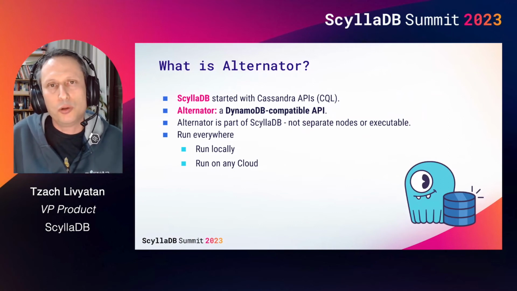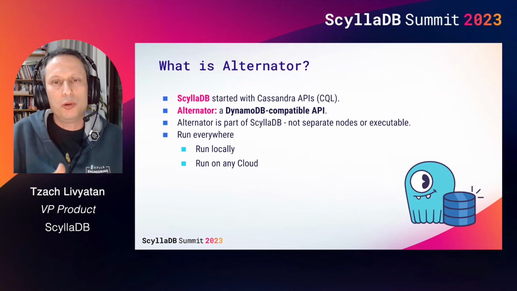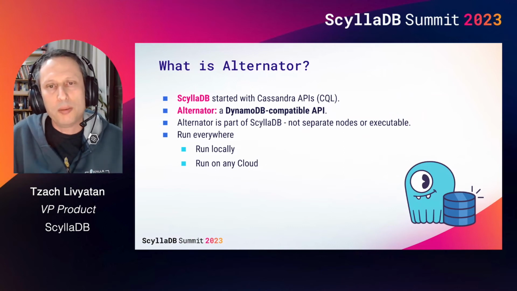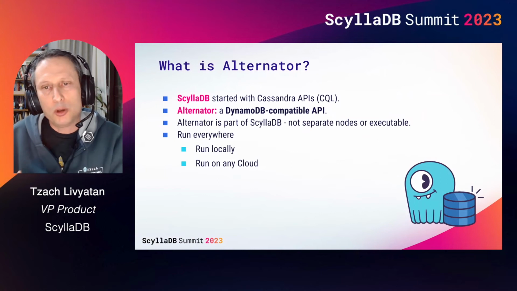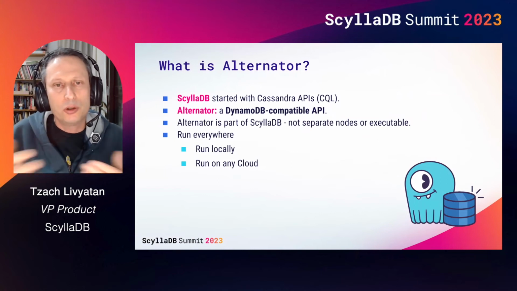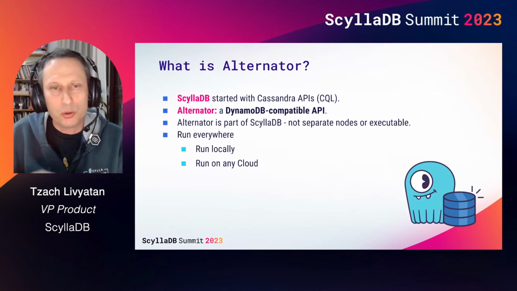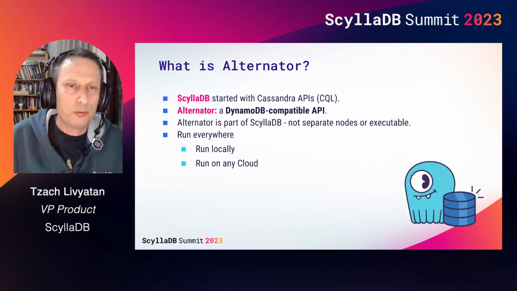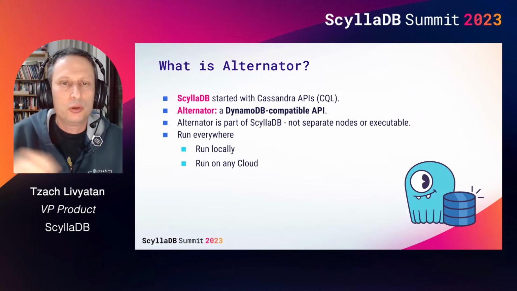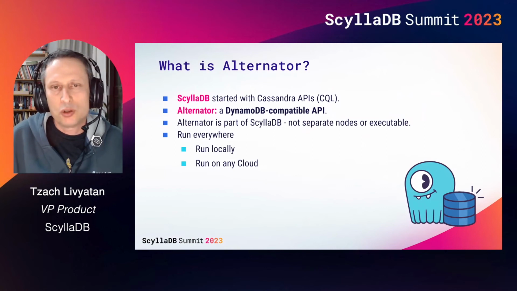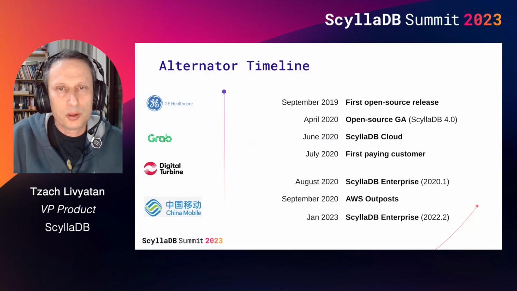Another alternative is that you might want to migrate from DynamoDB to on-prem, GCP, AWS Outposts, or any other platform that does not have DynamoDB, or maybe you don't want to pay the cross-cloud cost of working from on-prem to AWS. So ScyllaDB with Alternator is a good alternative for you.